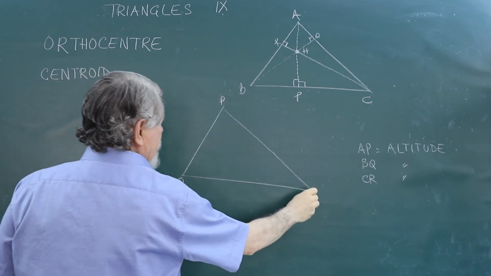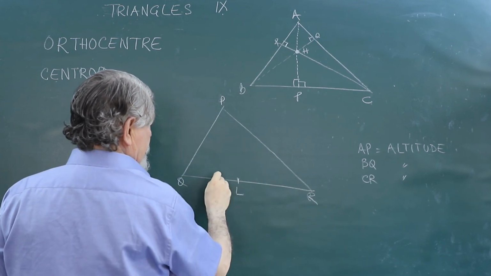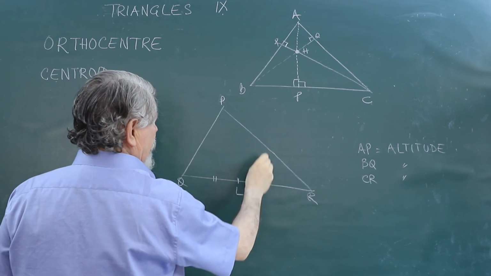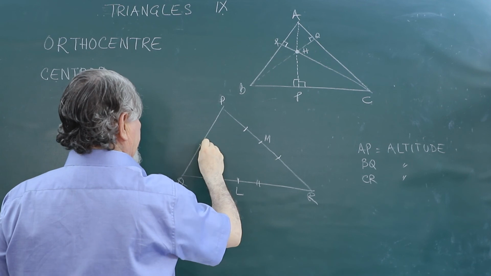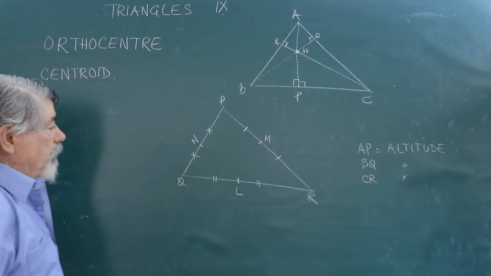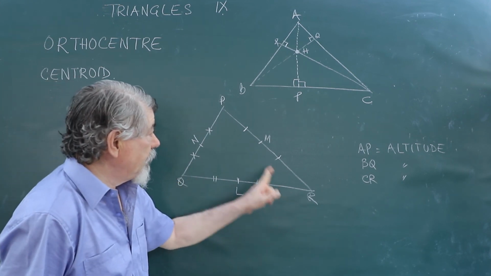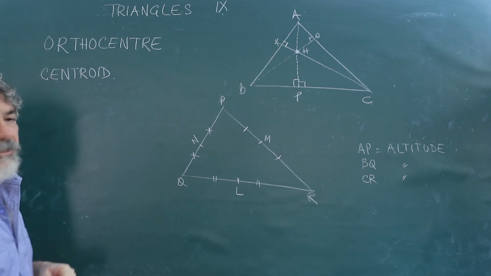PQR is any triangle and L is the midpoint of this. QL is equal to LR. M is the midpoint here and N is the midpoint here. L is the midpoint of QR, M is the midpoint of PR and N is the midpoint of PQ.